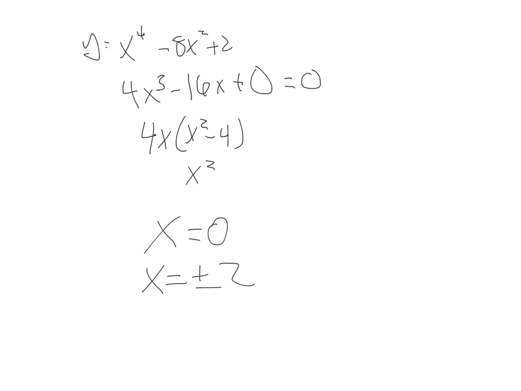Now, we did not even ask what the horizontal tangent lines for the function are. All we asked was, are there any, and where are they located? That's all we've done. So we've got at x equals 0, at x equals plus or minus 2, I would have a horizontal tangent line. I don't know what the equation of it is without further investigation, but that's okay. All we asked was, where are the horizontal tangent lines located?